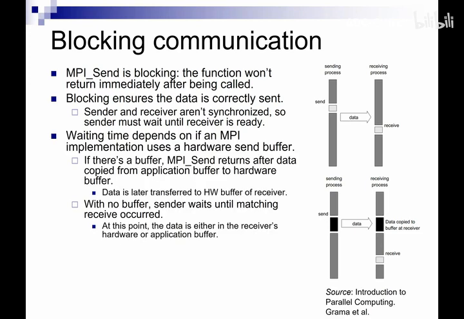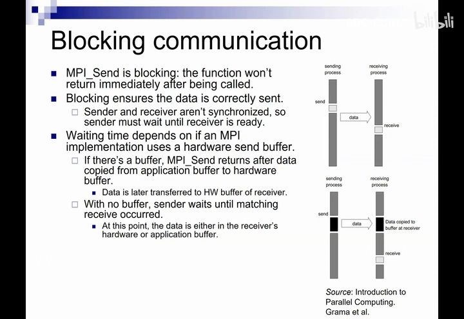Now, the amount of time that MPI spends blocking depends on whether your implementation of MPI has something called a hardware send buffer. A hardware send buffer is a location in your process's memory where you store the messages that you want to send out. If there is such a buffer, then MPI send is just going to wait until the data is copied from this MPI program into the buffer.